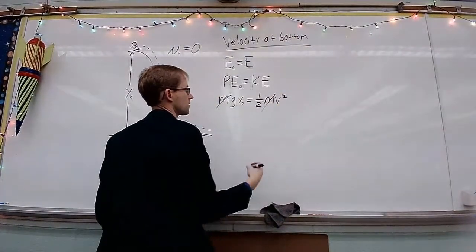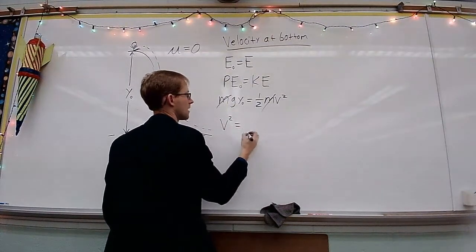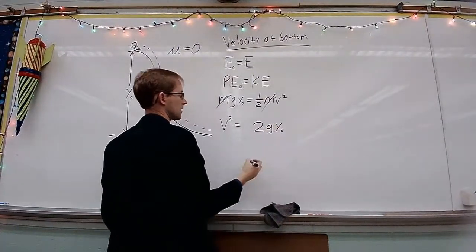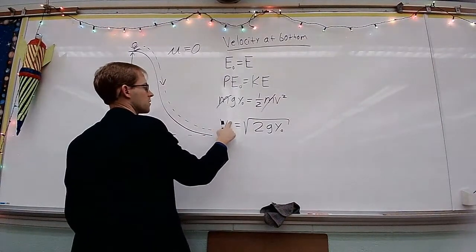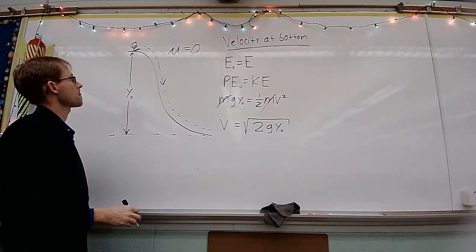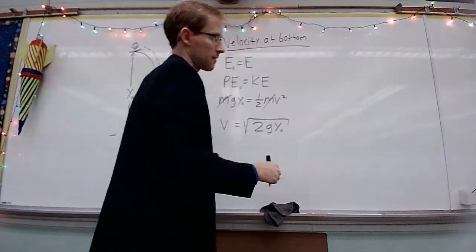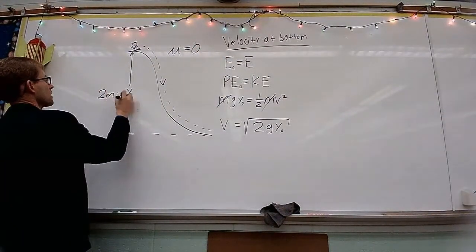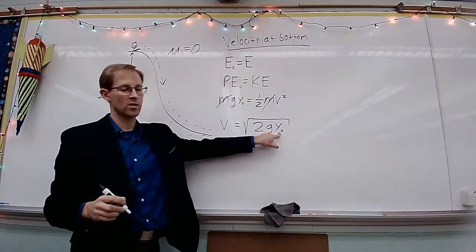The m's get canceled. So to solve for that velocity then, multiply both sides by 2. And to get rid of the square, you've got to square root both sides. So that would be your equation in order to solve for the velocity. And if his height was, we'll say, equal to 2 meters, then you can plug 2 meters in here and come out with a number.